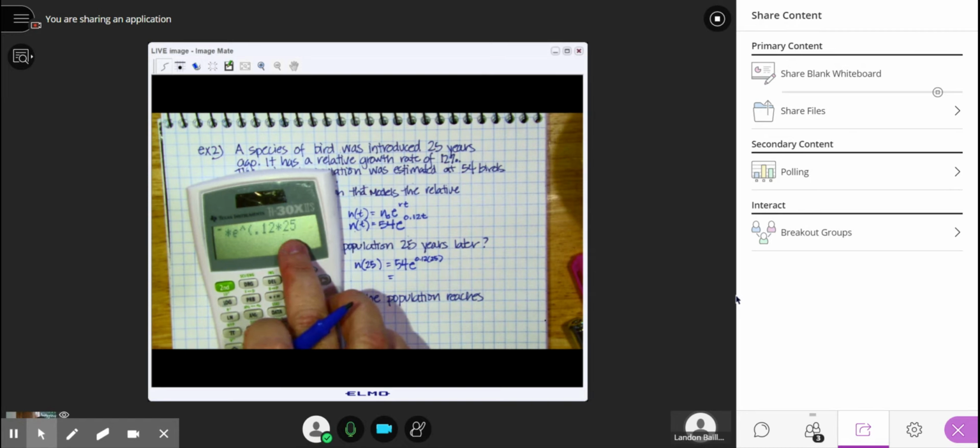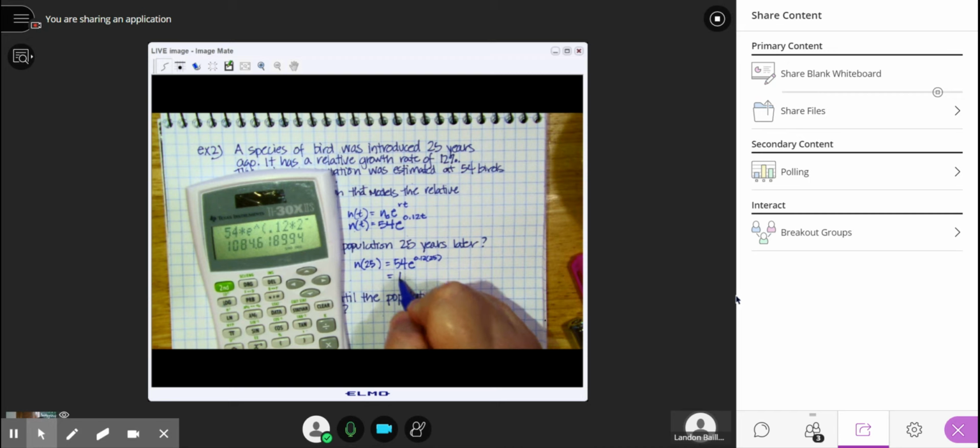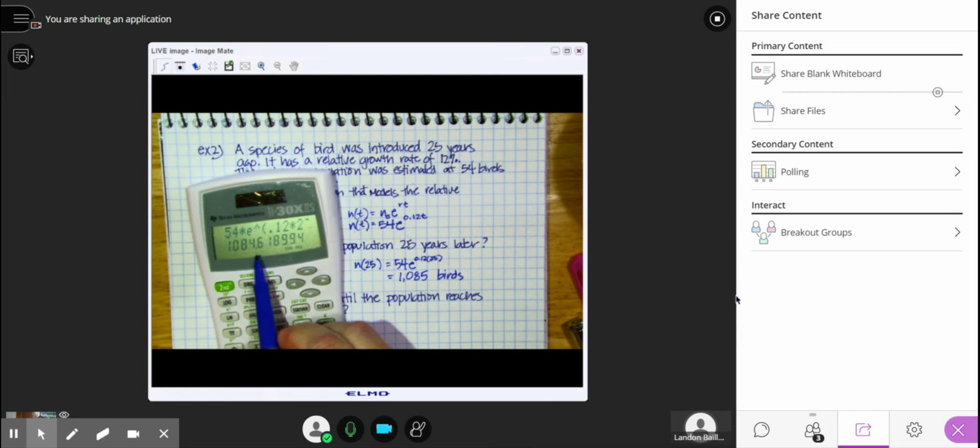I'm letting this do the calculation, so I'm going to be sure to close that parentheses. And I get 1,085 birds. I get 1084.6, but I'm going to round that up to the nearest whole bird, since I can't have part of a bird.